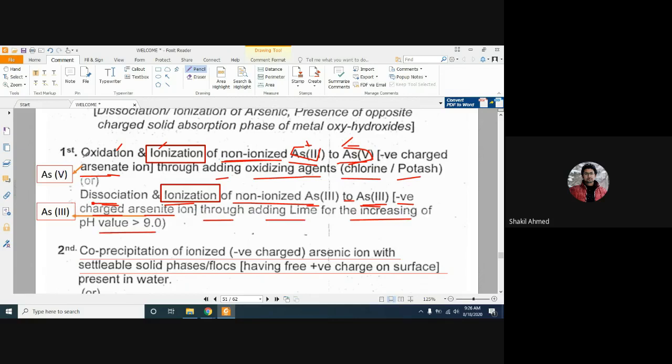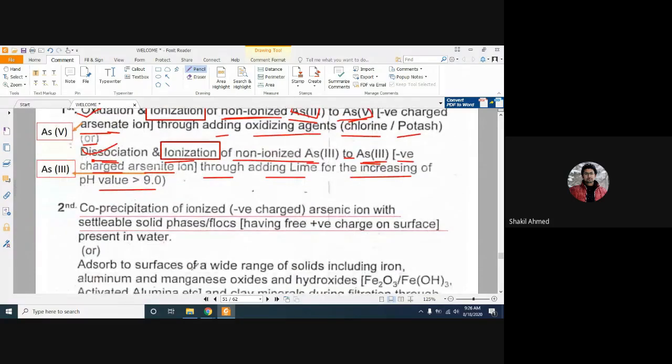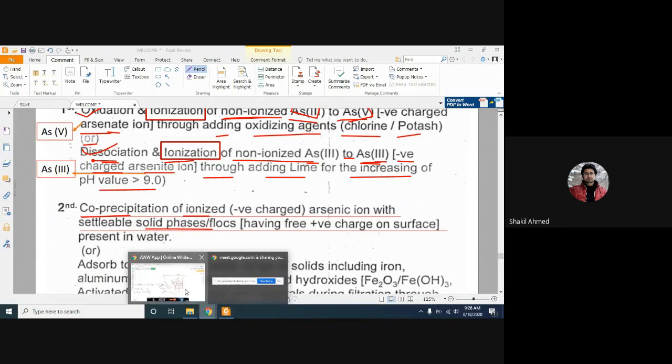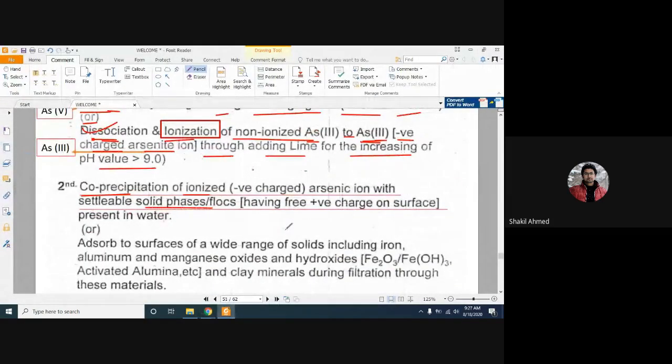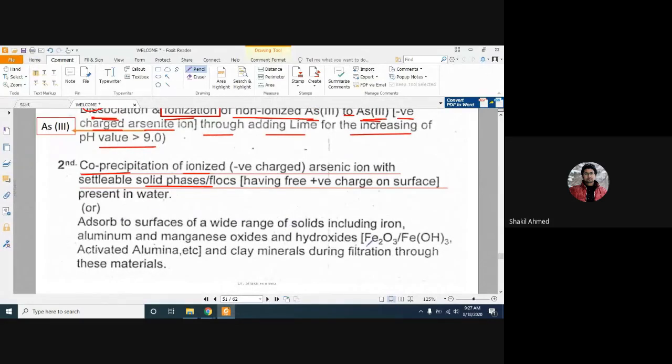So you can either take this method or that method. And then finally, when they are adsorbed, you can co-precipitate the ionized negative charged arsenic ion with settleable solid phases, flocs, like ferric oxide or ferric hydroxide.